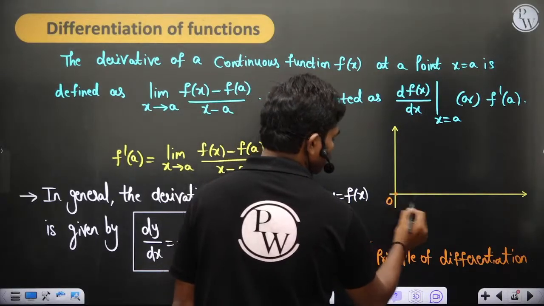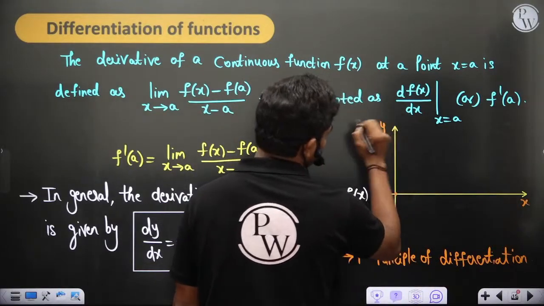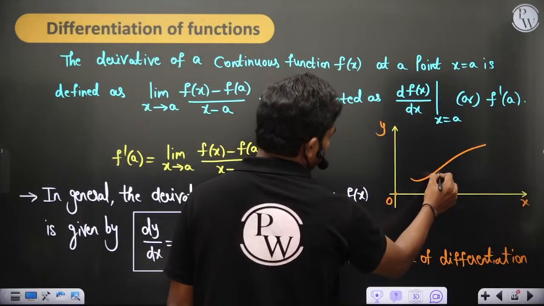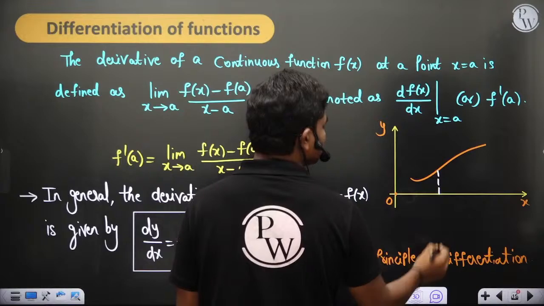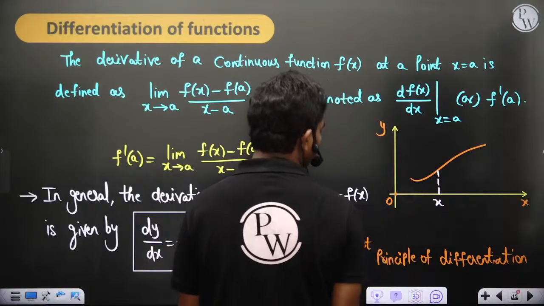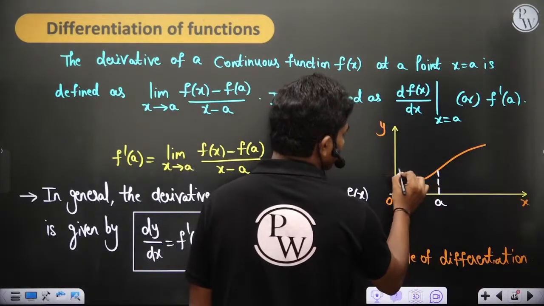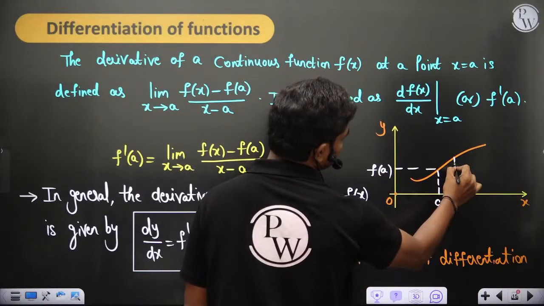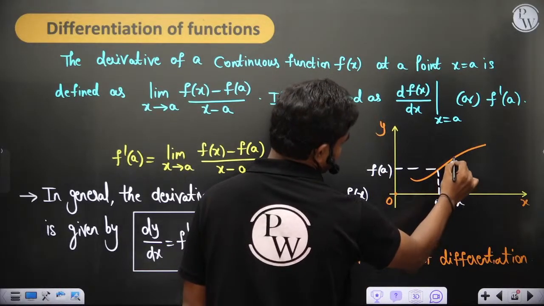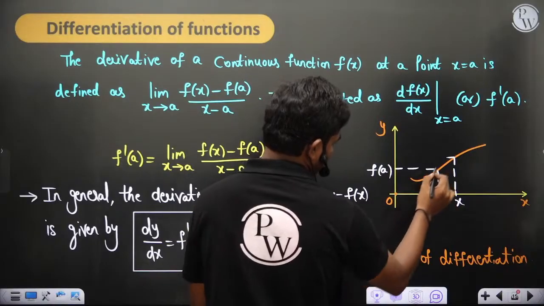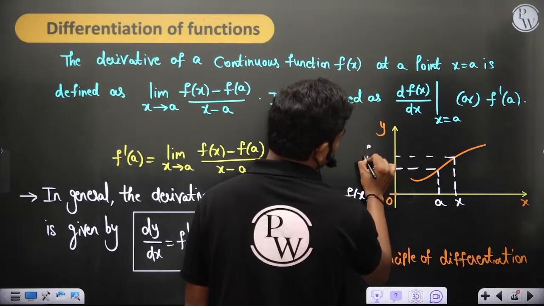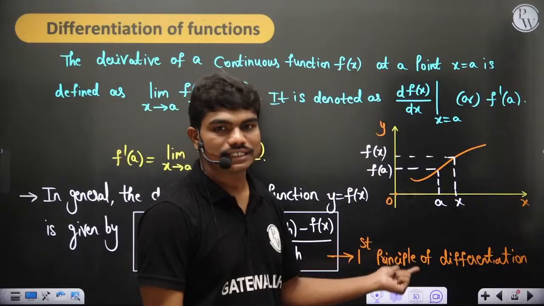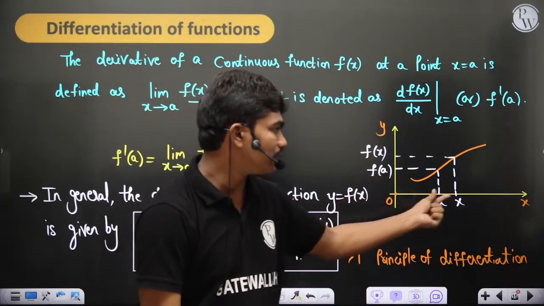With axes 0, x and y, say this is a, then this is f of a. And this is x, this is f of x. So x, f of x. Obviously dy by dx is nothing but f of x minus f of a divided by x minus a.